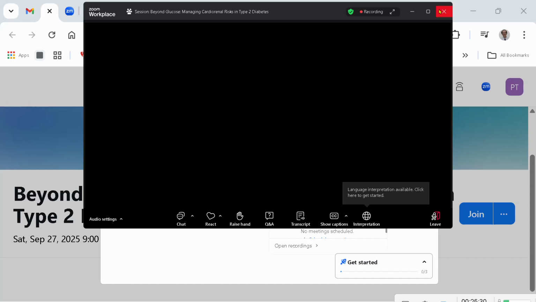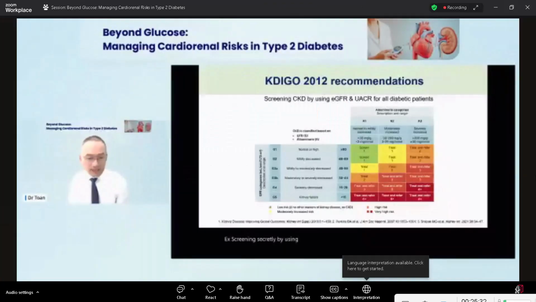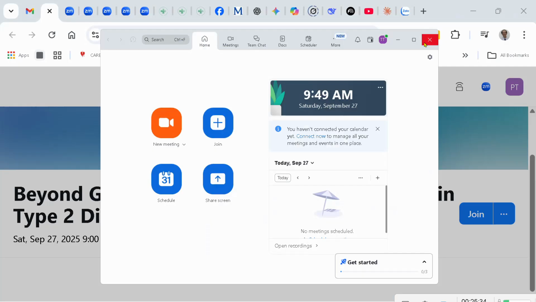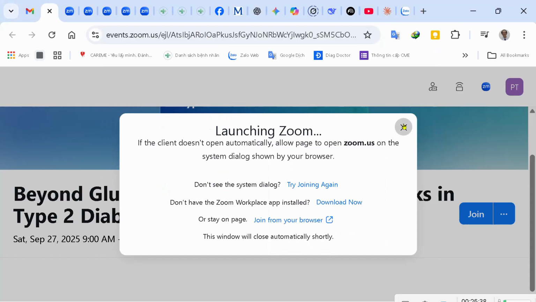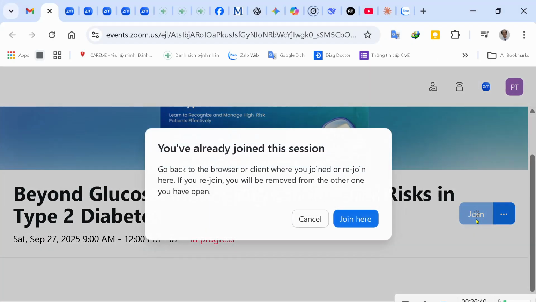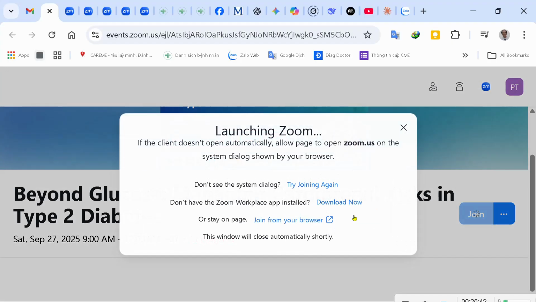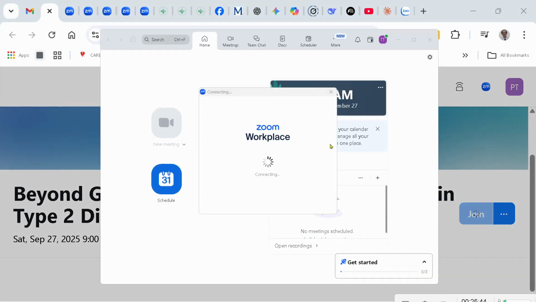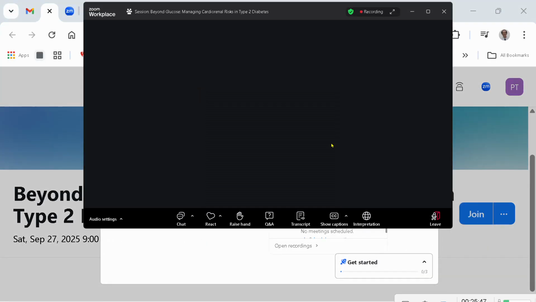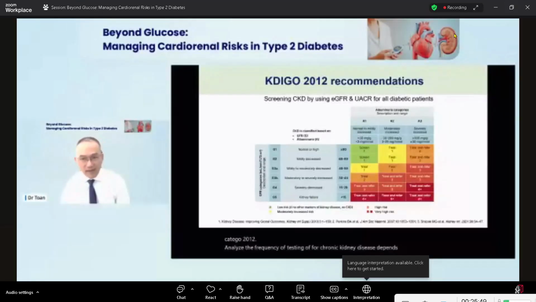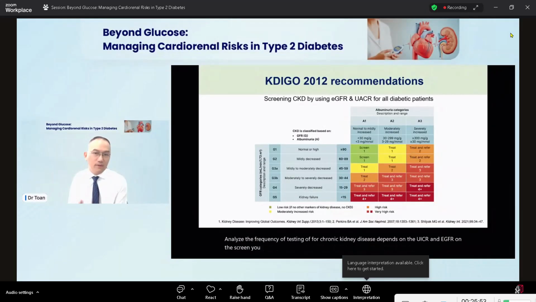And you are CKD and eGFR. On the screen, you can see the numbers 1, 2, 3, 4, and more.